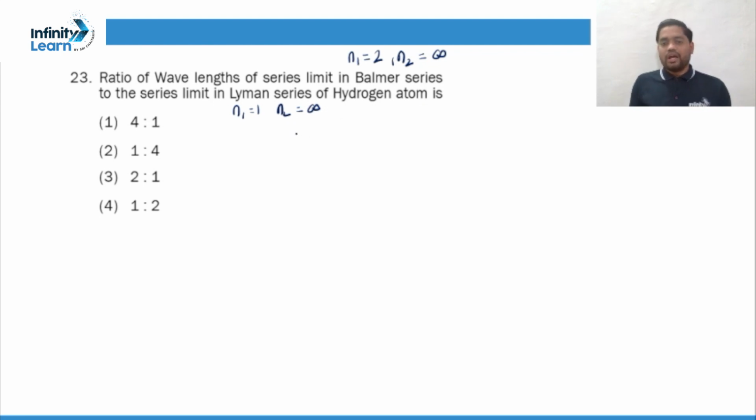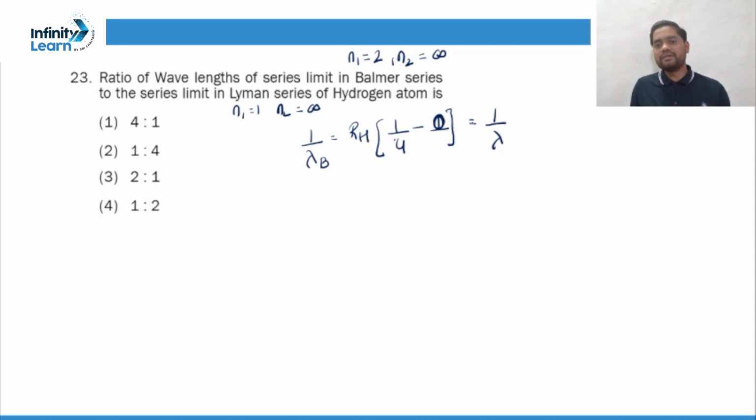According to the Rydberg equation, 1 by lambda of Balmer is equal to RH (1 by 2 square, which is 4, minus 1 upon infinity square). 1 by infinity square will be 0. So 1 by lambda B is equal to RH by 4. That means lambda of Balmer series is 4 by RH.